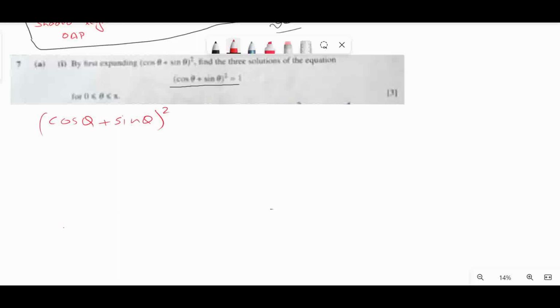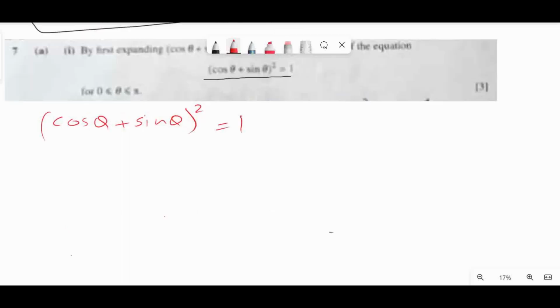First of all we have to expand it. Now a plus b whole square is equal to a square plus 2ab plus b square. Here a is cos theta, so cos square theta plus 2 cos theta sine theta plus sine square theta is equal to 1.